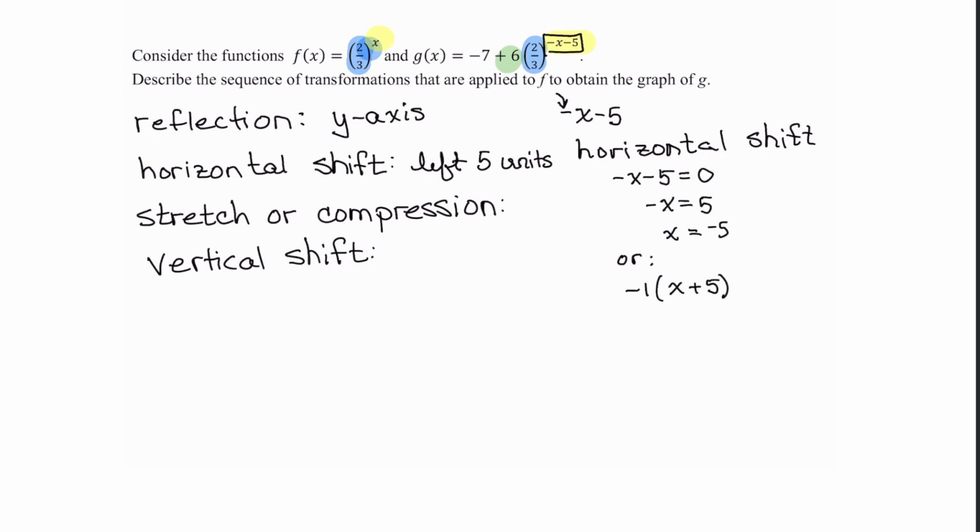And then I can see that I do have that reflection about the y-axis, that -1 out in front, and then the x plus 5 in the parentheses. Remember, the horizontal shifts are what you would plug in for the x that would make that come out to be 0, and there you can see again that that would be your -5, so 5 units to the left.